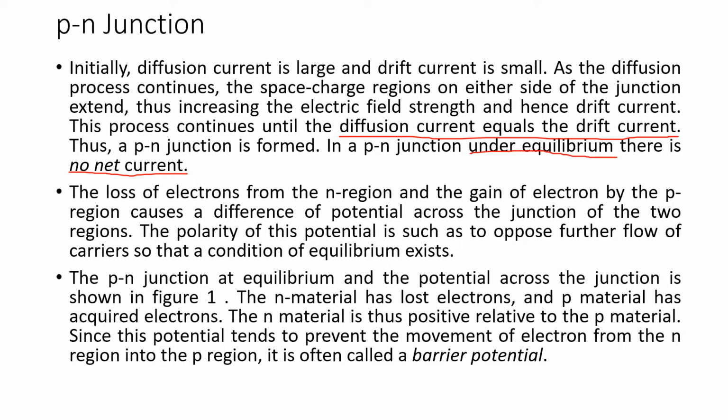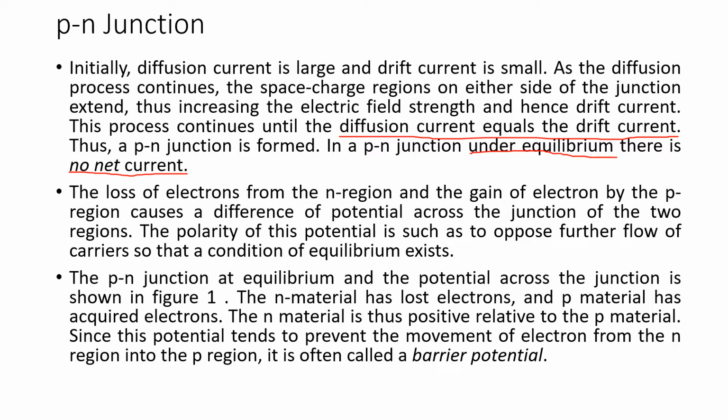The p-n junction at equilibrium and the potential across the junction is shown in figure 1. Figure 1 is given in slide number 2. Please note and refer back. The n material is thus positive relative to the p material.